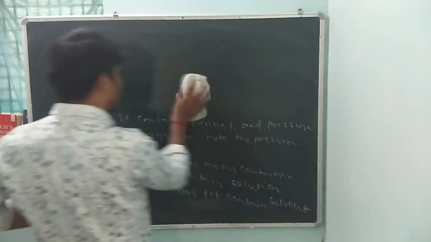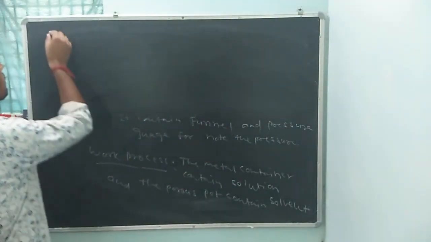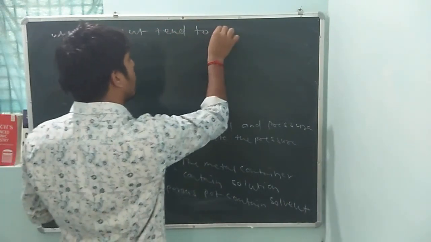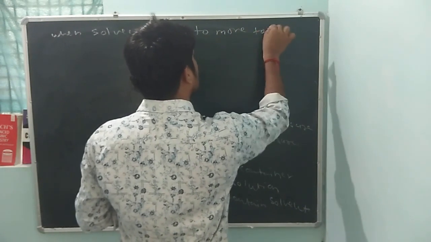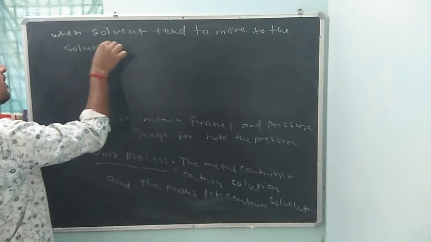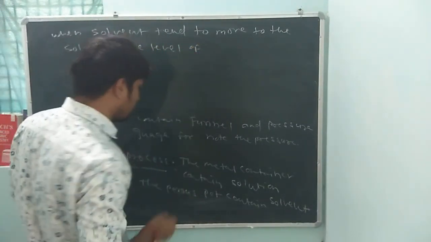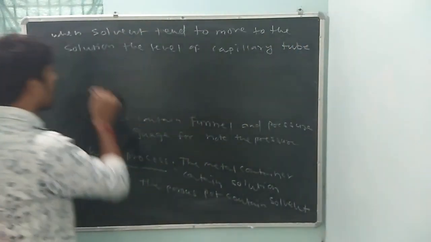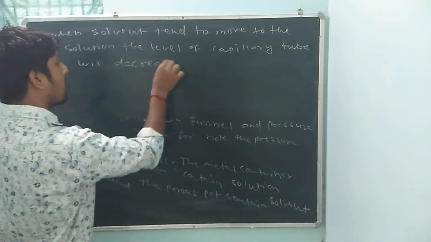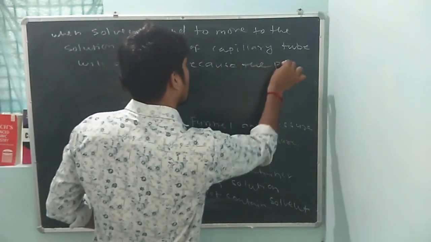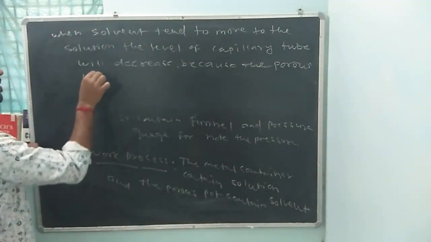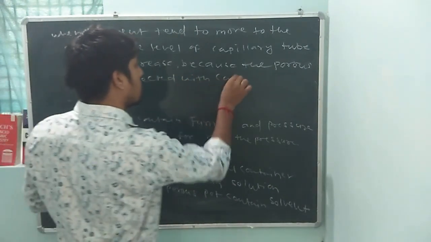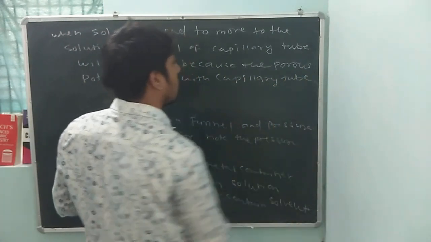When the solvent tends to move to the solution, the level of the capillary tube will decrease, because the porous pot is connected with the capillary tube.